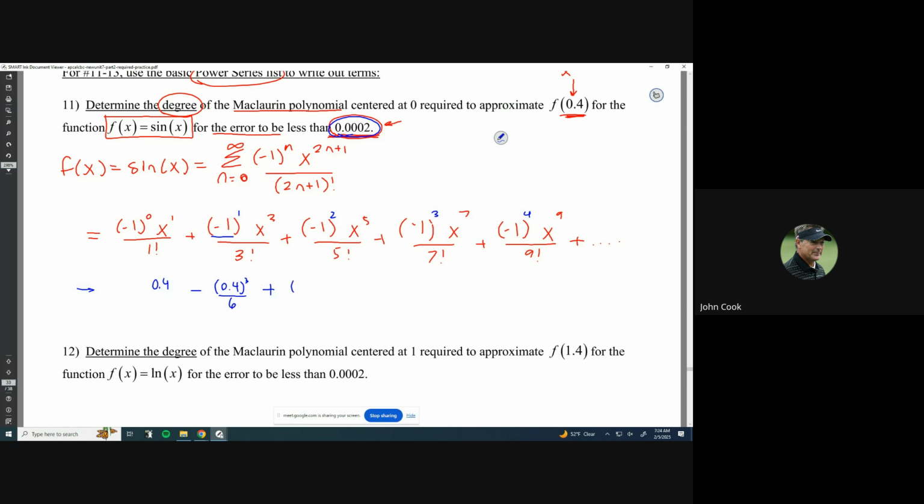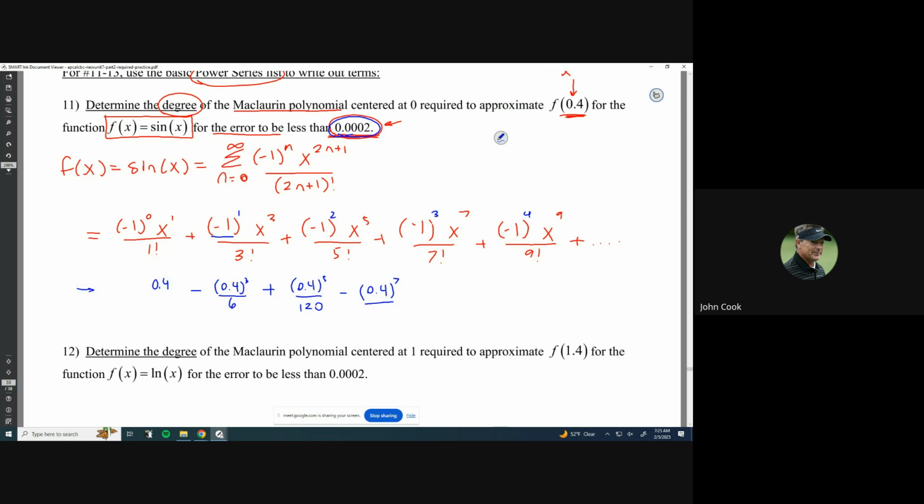And then it's going to be 0.4 raised to the 5th power over 5 factorial. 5 factorial should be, let's see, 5 times 24, 120. And then it's going to be a negative number, 0.4 to the 7th power over 7 factorial. Oh gosh, this is really testing me. Let's see. 6 factorial is 720. Oh, I'll just use my calculator. What am I doing? I want to save some time.